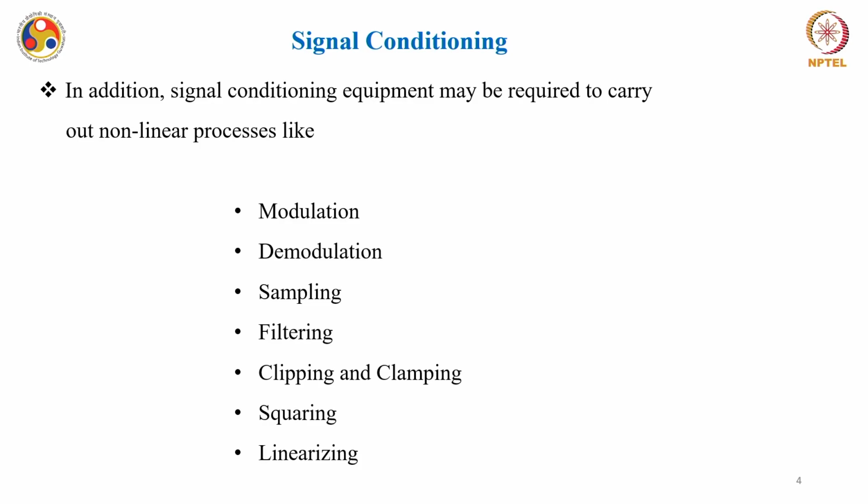In addition, signal conditioning equipment may be required to carry out several nonlinear processes like modulation, demodulation, sampling, filtering, clipping, clamping, squaring, linearizing, and so on. These are just some of the examples. You may be required to do a number of processes.